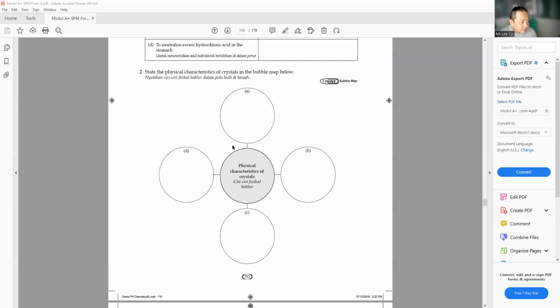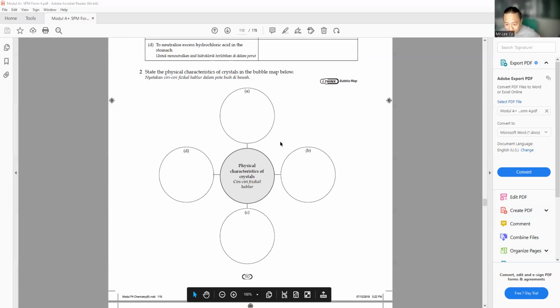I didn't prepare this one, so I skip this one for you. You go and find the answer. I give you as homework. After you have done this, you send it to me. All right. This 1, 2, 3, 4, you can find it in your textbook. All right. I skip this one.